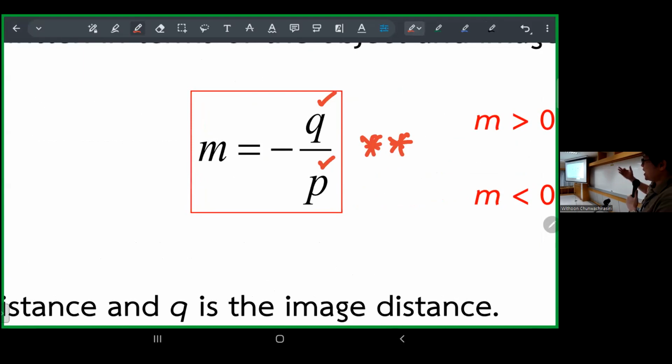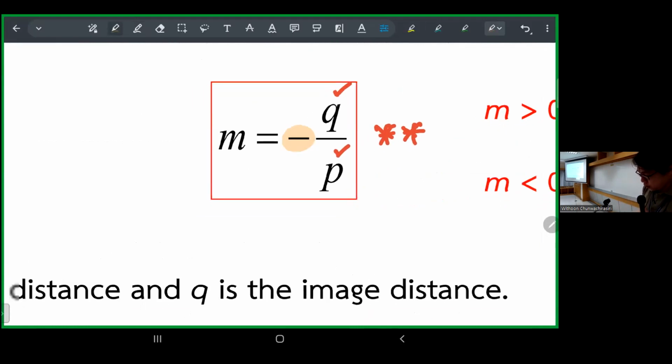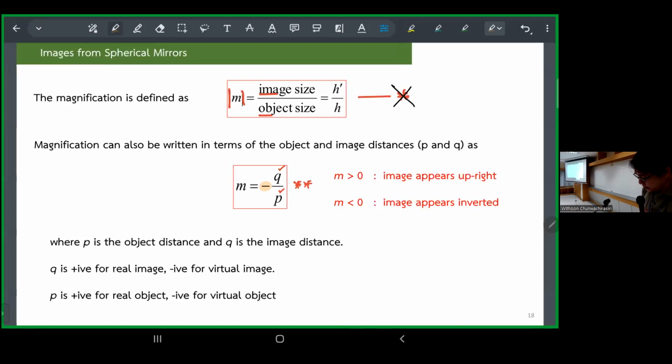So that means you can take the image distance divided by the object distance with the negative sign, guys. This is very good. If you know this, take the negative sign along with you. You will be able to tell if the image is upright or inverted automatically after your calculation. It's very good. All right.